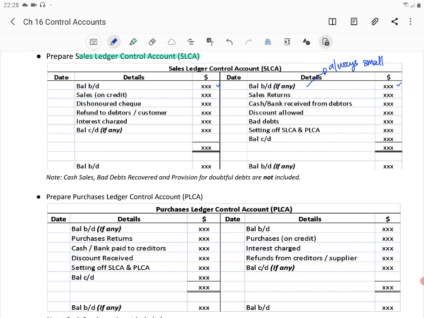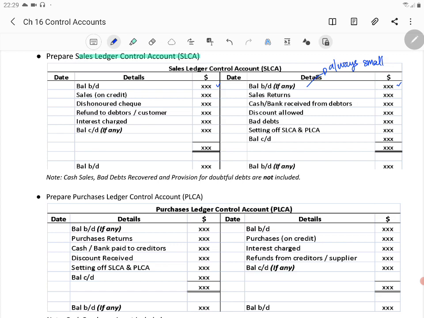Logically speaking, in reality, there are not many trade receivables that overpay you. So when you compare the normal b/d amount and the abnormal b/d amount, the abnormal amount, or the credit side, will be way lesser. The difference is quite big.